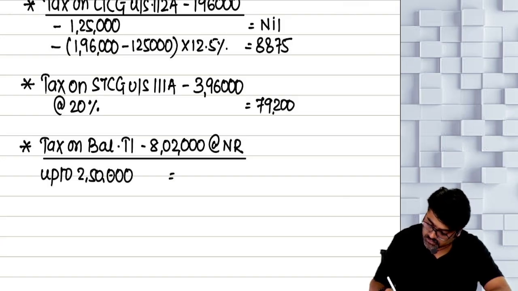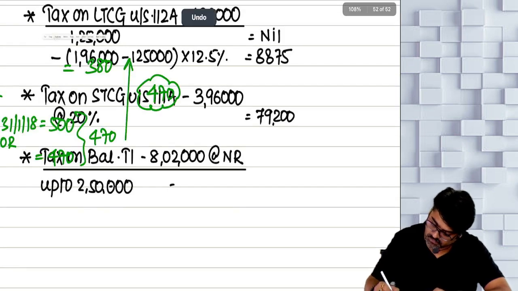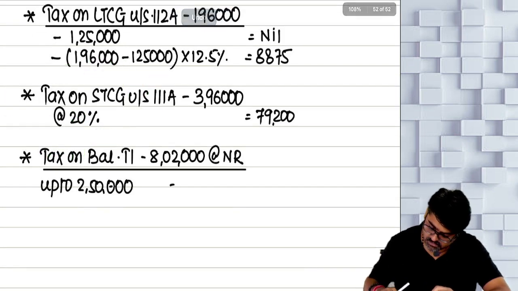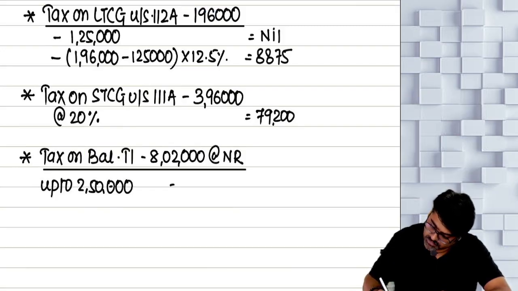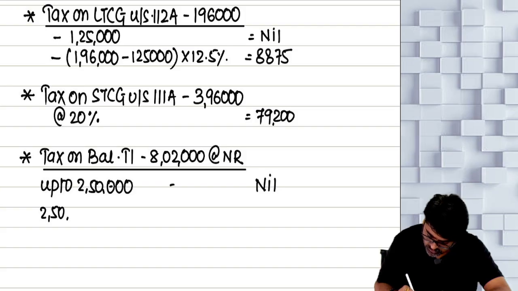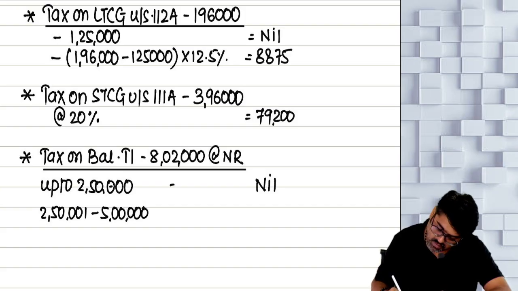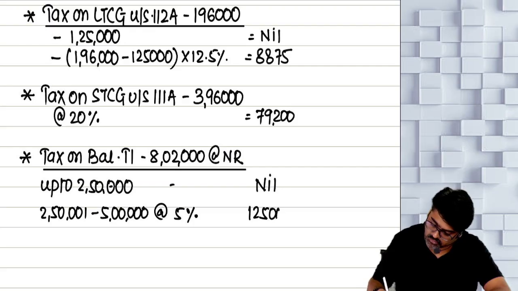Nil. From 2,50,000 to 5 lakhs, at the rate of 5%. So on 2,50,000, 5% will be 12,500.